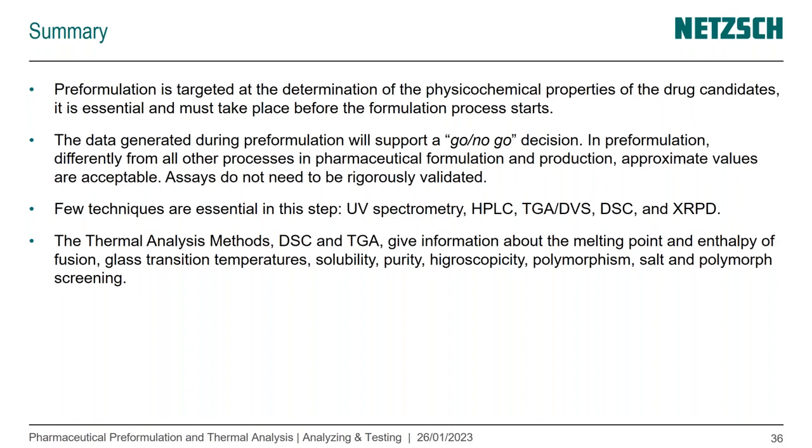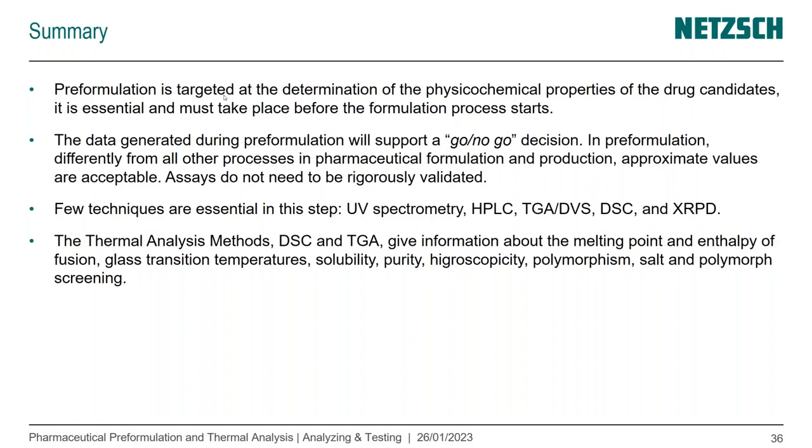A few important points: pre-formulation is the stage where the physicochemical properties of drug candidates are determined. It is essential and has to take place before the formulation process, because then we will save time, resources, and money, so it makes the process more efficient.